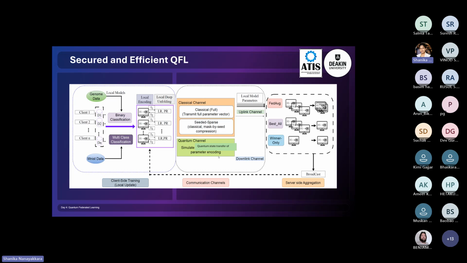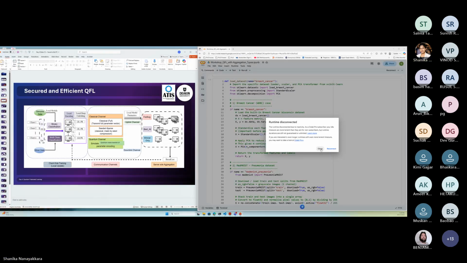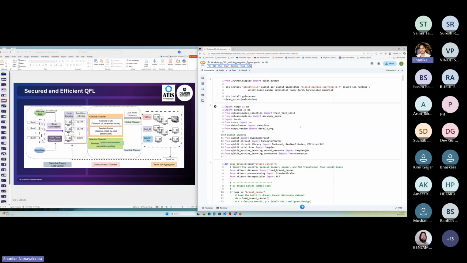Now I wanted to show you the demonstration. Here, this is the aggregation with QFL. I said that I used a toy example for some of the aggregation methods, so you can test these things.